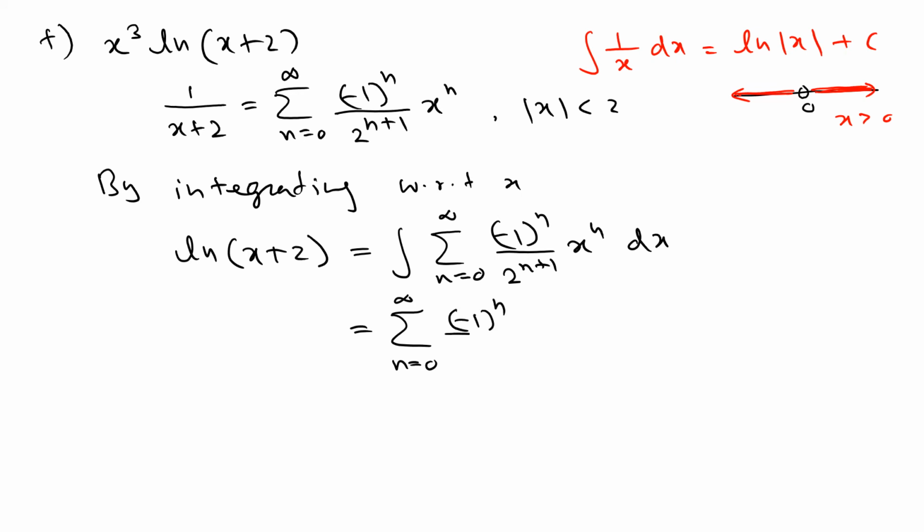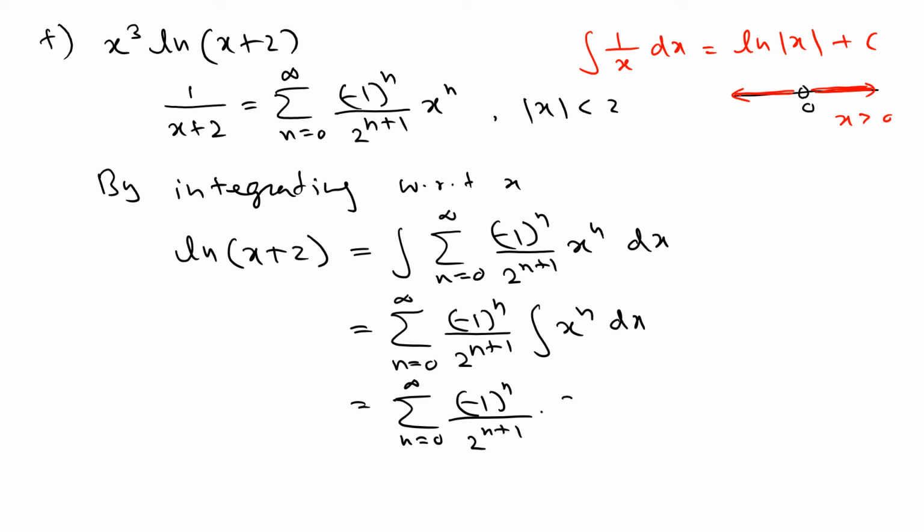There's no x in the (-1)^n and 2^(n+1), so they stay outside, and we integrate x^n dx. If you do that, you get the sum from n = 0 to infinity of (-1)^n x^(n+1) over 2^(n+1)(n+1), plus c. So you get c there.